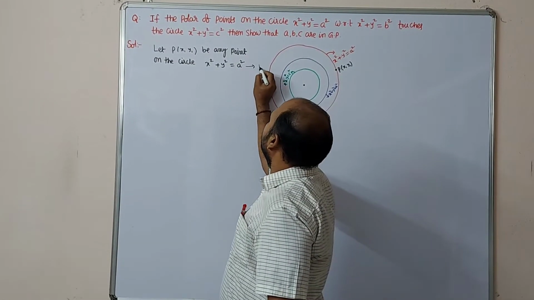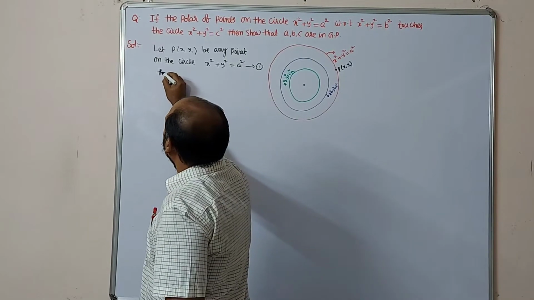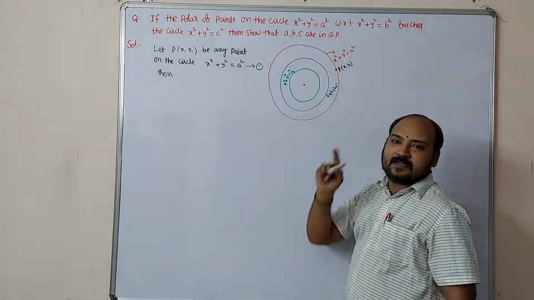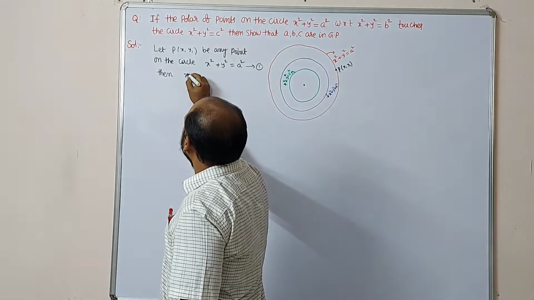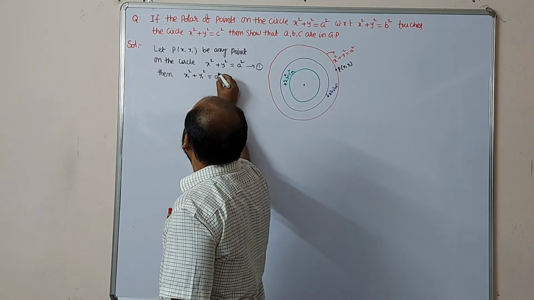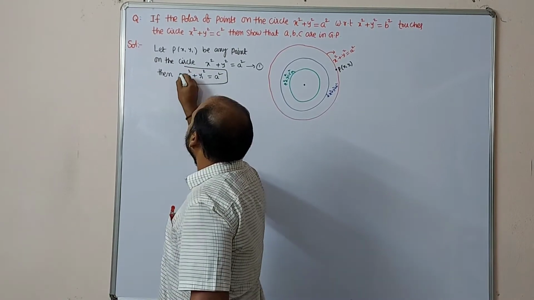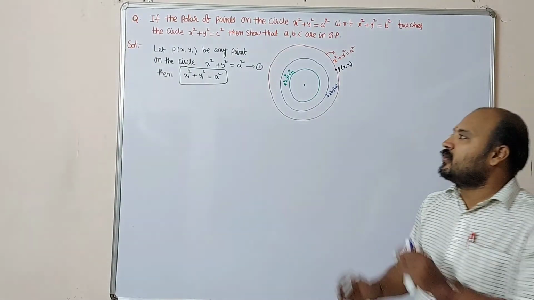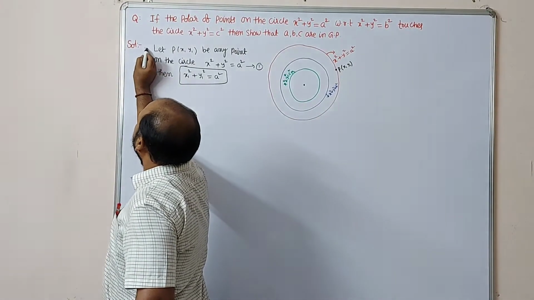Keep that as equation number 1. Then, since the point lies on the circle, in place of x comma y it becomes x1 square plus y1 square is equal to a square. Put it in a box. This result we will use in the coming steps. This is the first step completed.